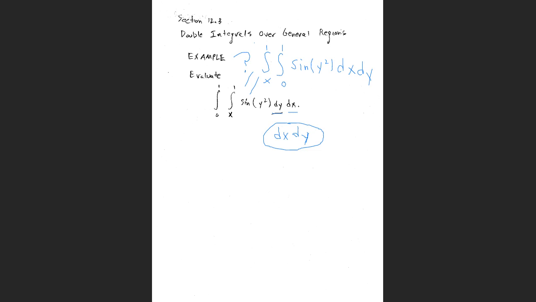If you think back to section 12.2, what did I do here? I just changed the order of integration and switched the limits. And in section 12.2, when all of your limits were constants, that would be okay. You could just switch the limits appropriately when you change the order of integration. But can we do that here?